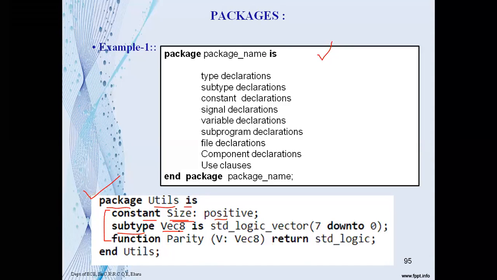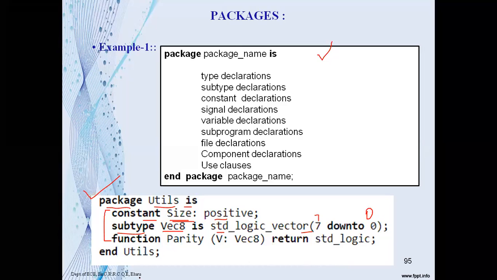This object name is a subtype, of the type standard logic vector. Now this vector 8 is of type standard logic vector, where the vector is in descending order. It starts from the highest value and goes to the lowest value.